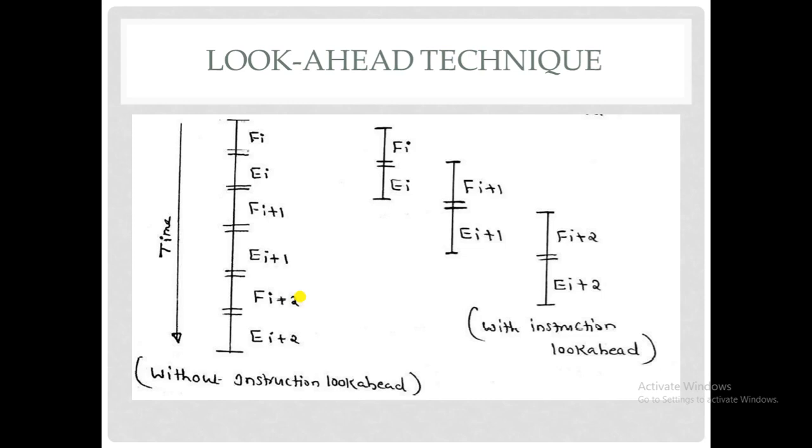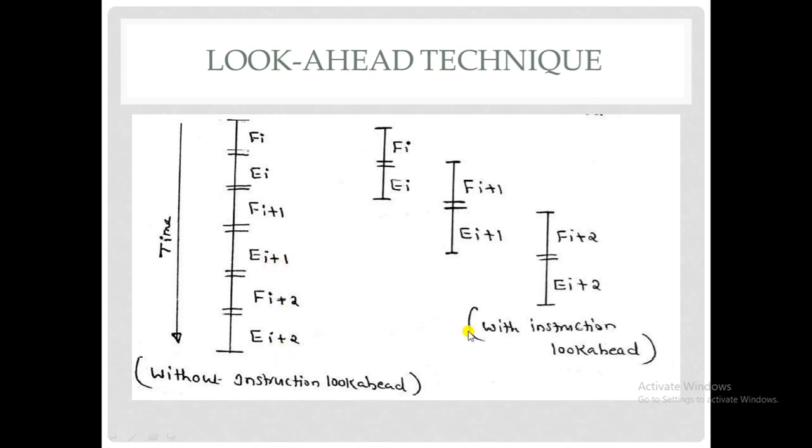Look at this picture. Fi means the fetching time of instruction I, and Ei denotes the execution. Without the instruction look-ahead technique, instruction fetching and executing are done sequentially, one by one.